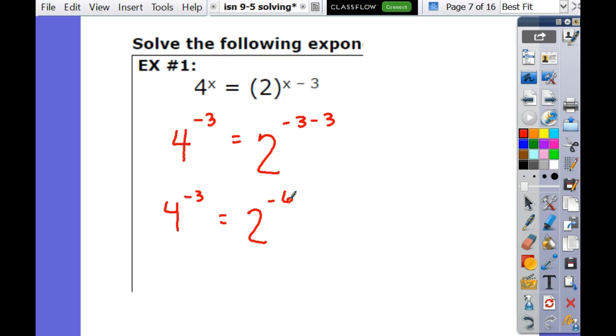And so then you would take your calculator, and with your calculator, can you put 4 raised to the -3 power and 2 raised to the -6 power, and did you get the same decimal number? And so that does check out.